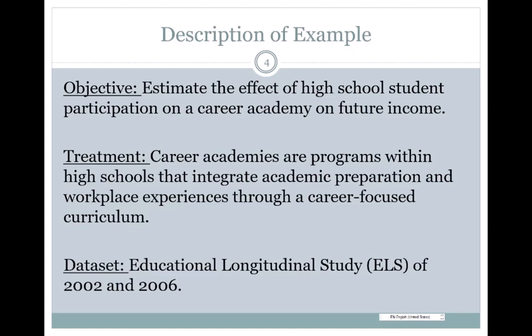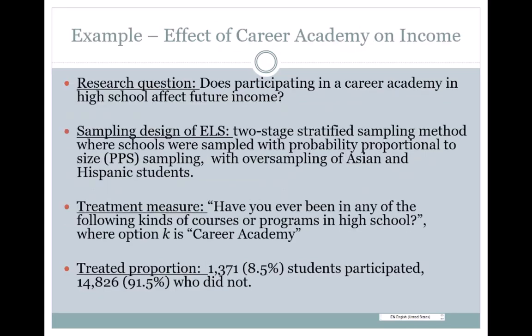Individuals self-select to either participate or not. So you can get secondary data. For example, the Educational Longitudinal Study has data on whether individual students participated in a career academy, and also has outcome data such as their future salary. So the research question here is, does participating in a career academy in high school affect future income?